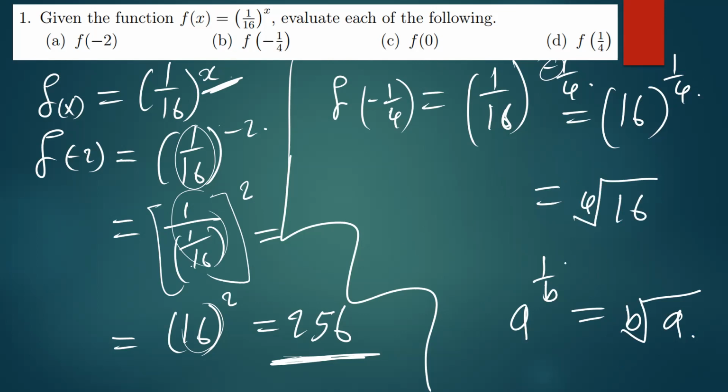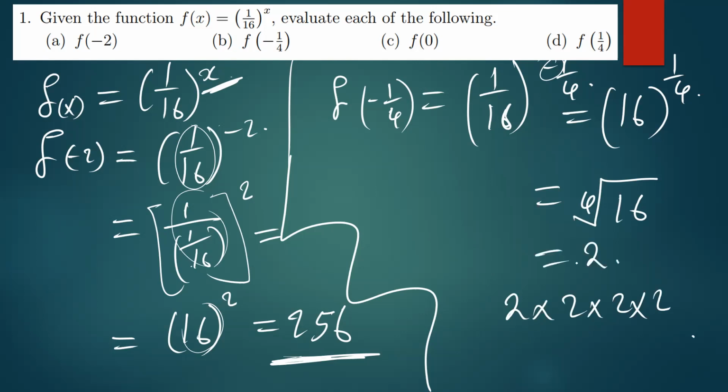And the 4th root of 16 should be 2, because 2 times 2 times 2 times 2 gives us 16. Yeah, so the 4th root of 16 gives you 2.